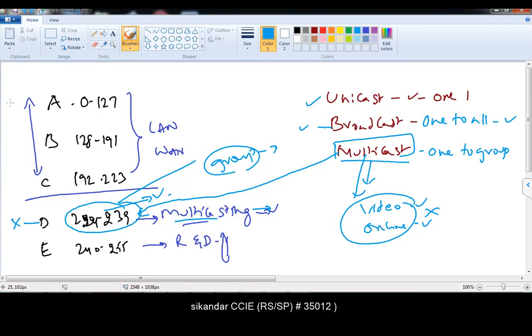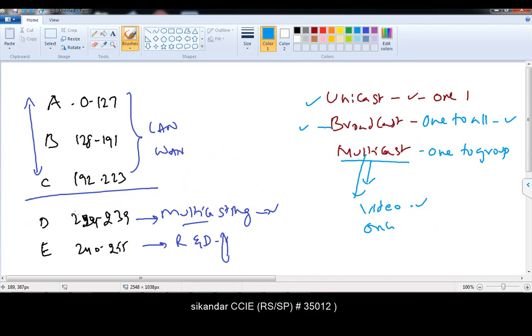For testing purposes they reserve this address range, so we don't use class D and class E. When you talk about network, we only use class A, class B, class C. This is one of the reasons why they classified: they wanted to make sure they have separate addresses for research and development, separate addressing for multicasting, and also for LAN and WAN.